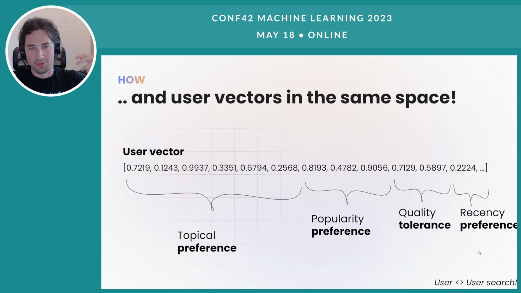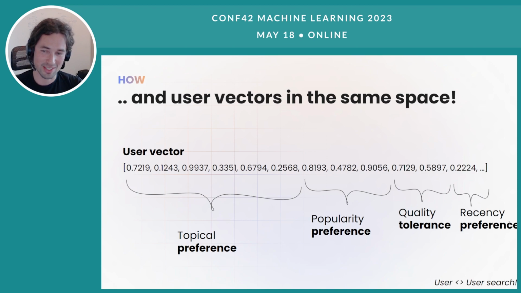So basically, you can again represent all these different preferences of the user in one vector that also has those parts like we did for the content. And that means that they are aligned, and now you can basically just take the user vector and search with it into the content space. And that's your retrieval, basically.